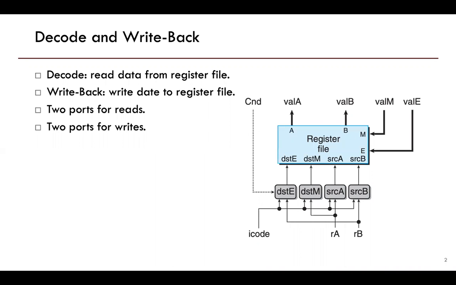Why do we talk about decoding and write back stage together? Because they are both using the register file. The decoding unit reads data from the register using the register ID provided by the fetch unit, and the write back stage writes data to the register file.